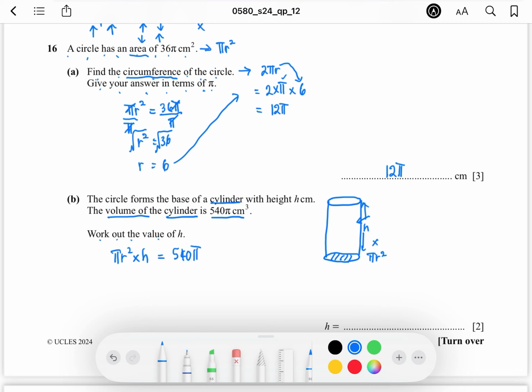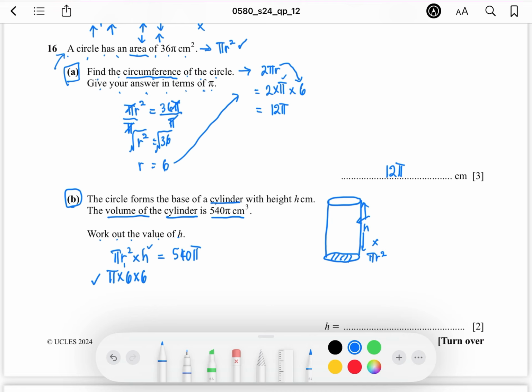Work out the value of h. So the question is asking for h. So pi times what is r? So question B and question A follows from this. That means the r that we get from pi r square is the r that we're going to use with this one.